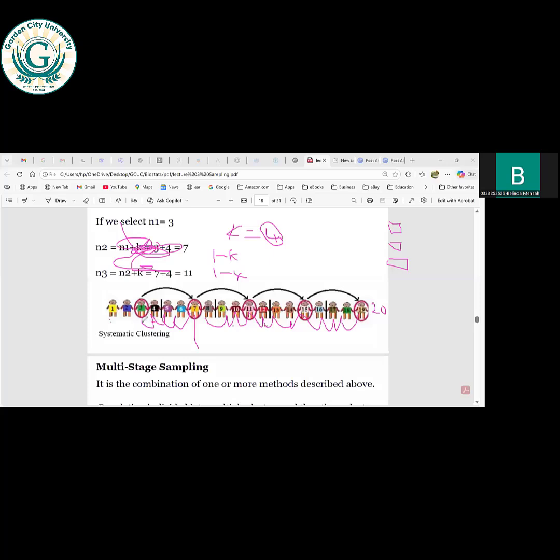The moment you select 3, 3 is part of the sample. Because you see, you started from 1, 2, 3, 4. From there, you selected this one. Okay. So 3 is part of the sample. You don't just leave it. Then you continue to count your 4 and do your selection. Okay. So you get your sample size.